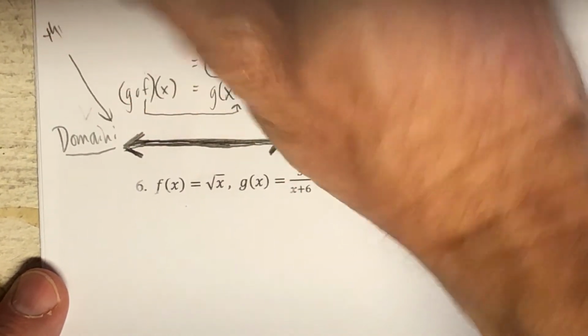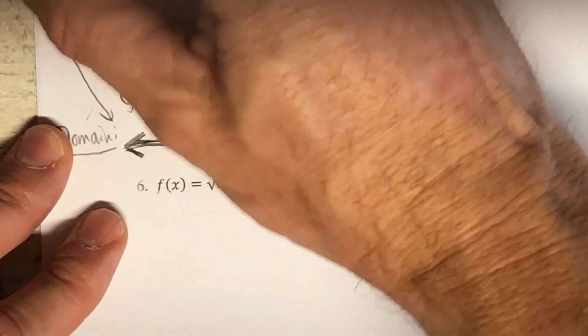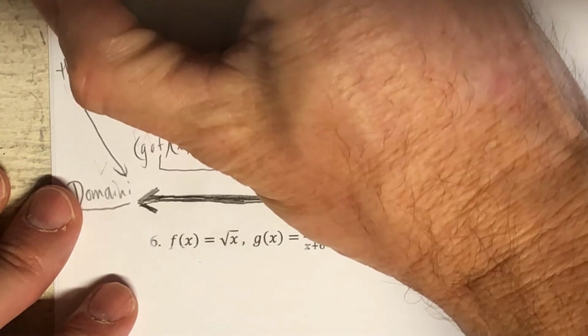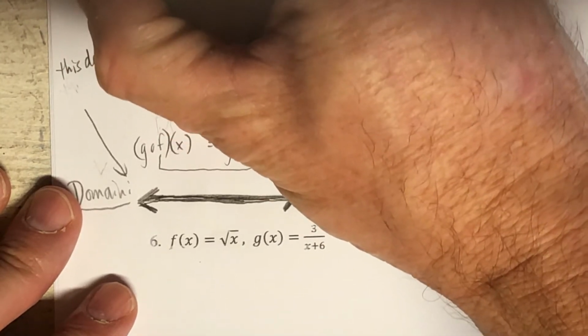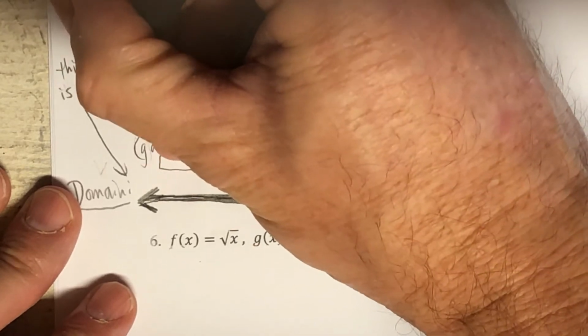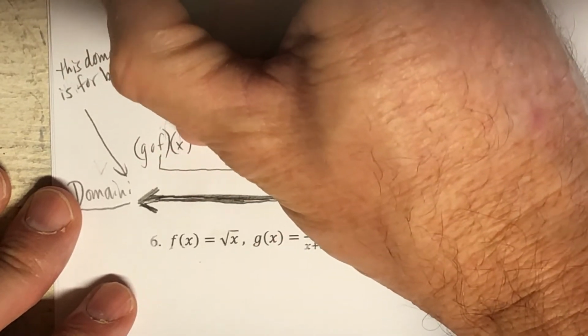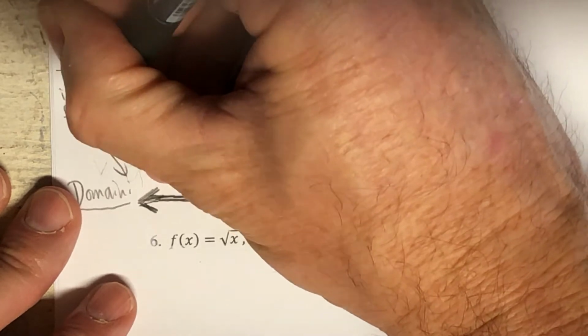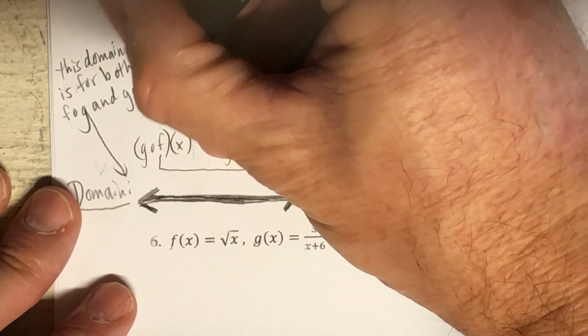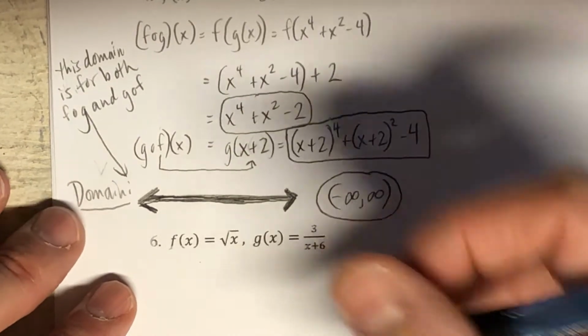This domain, let me give myself some room here. This domain, which is negative infinity to infinity, is for both f circle g and g circle f.